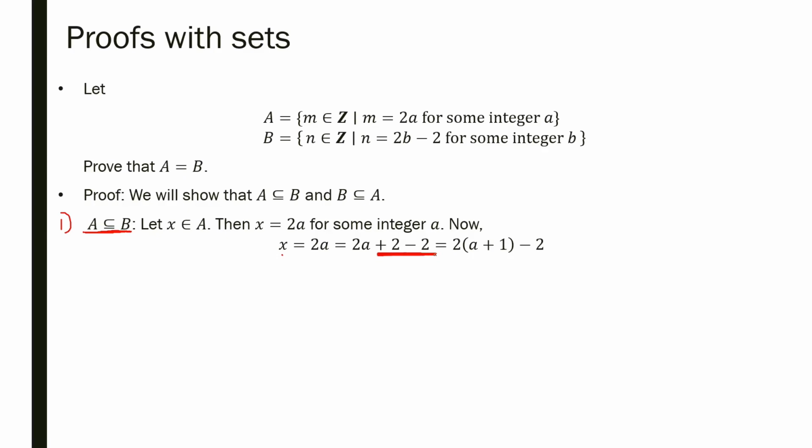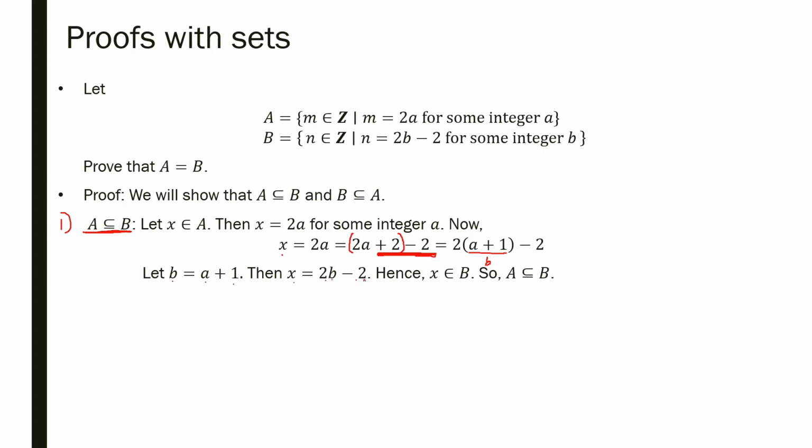I'm going to group these two together and factor out a 2, and I get 2 times a plus 1, minus 2. Now I'm going to introduce b. I'm going to let b equal a plus 1. So that means that x is equal to 2b minus 2.